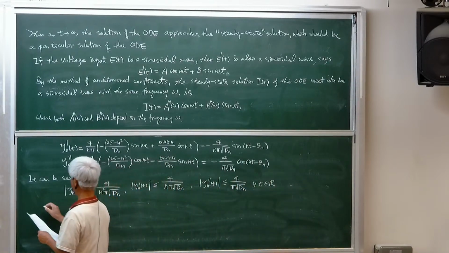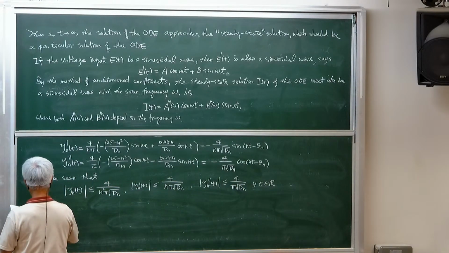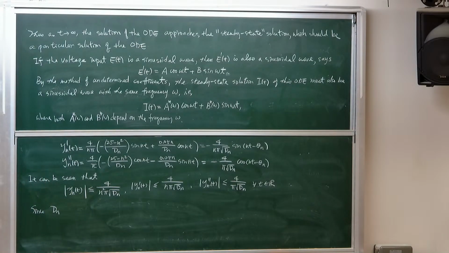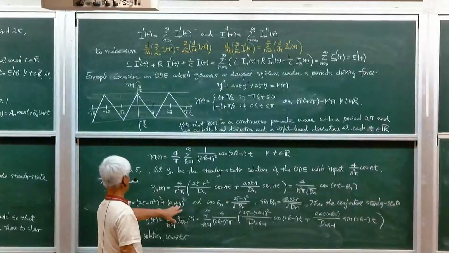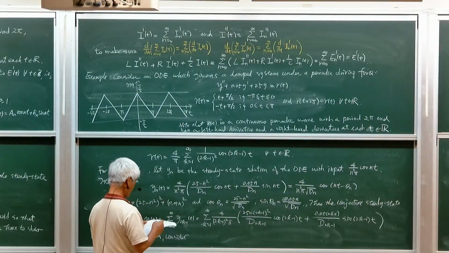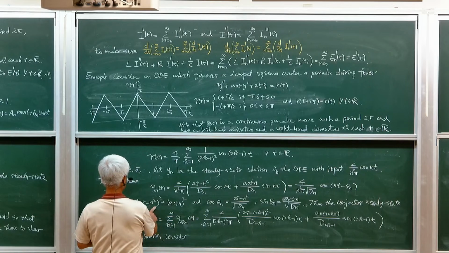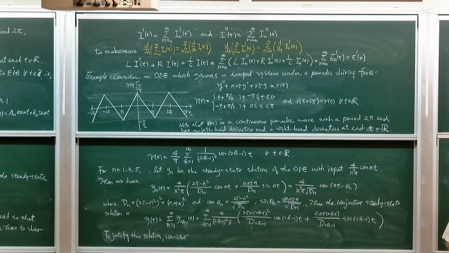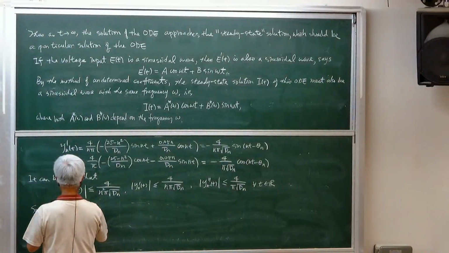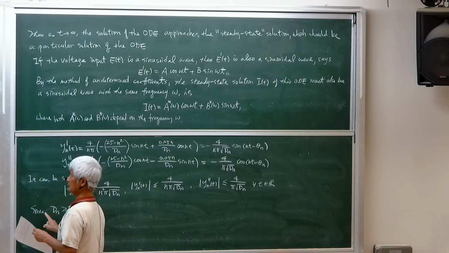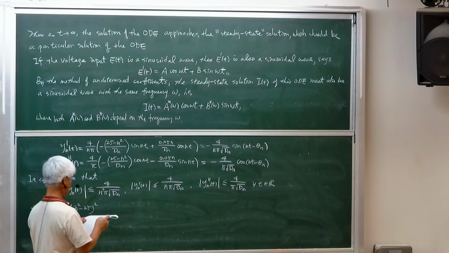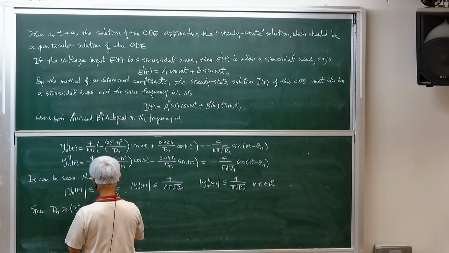Now we look at D_n. Recall that D_n is the sum of these two squares, and we will use the first term, the first square. So D_n is greater than or equal to the first term, (25 minus n squared) squared, for all n greater than or equal to 1.